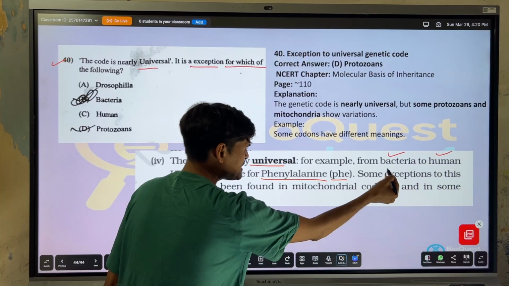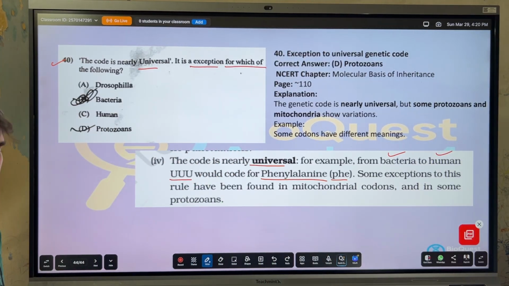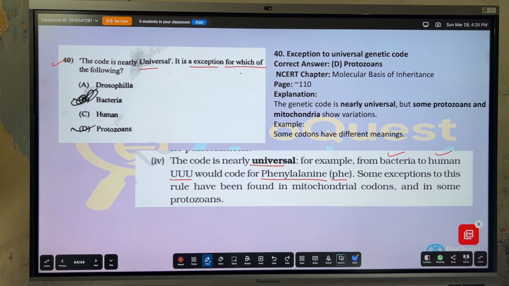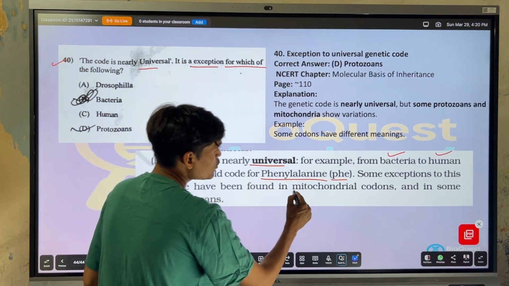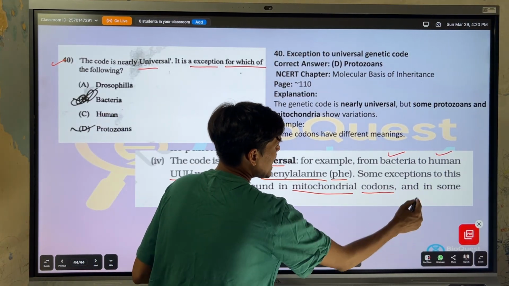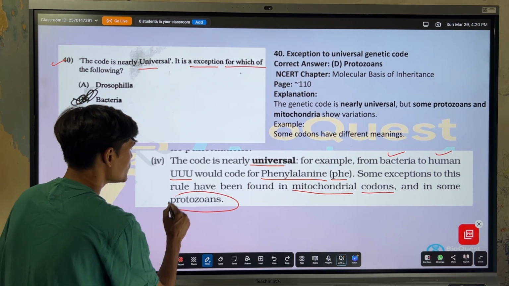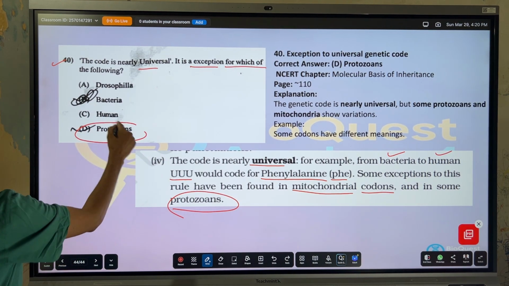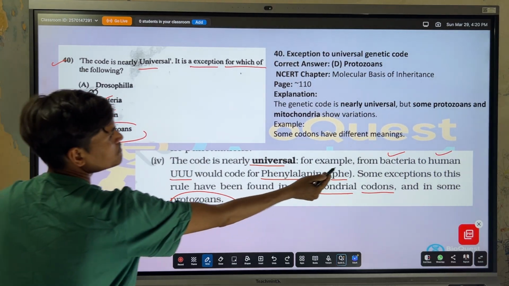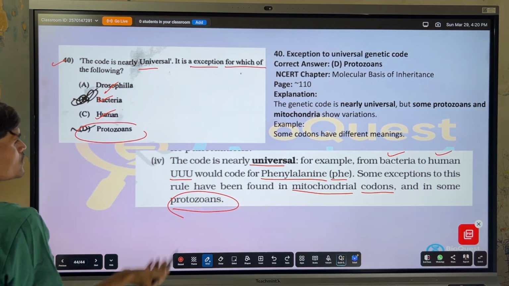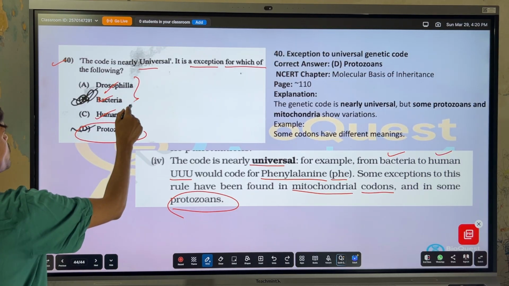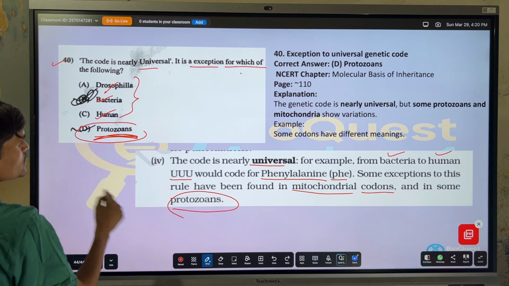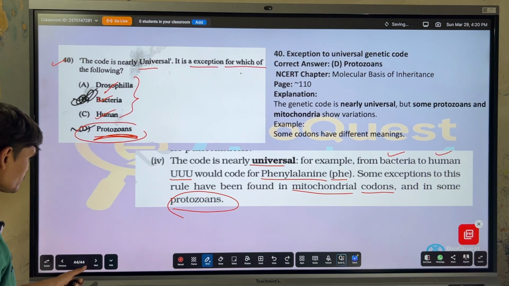Some exceptions to this rule have been found in mitochondrial codons and in some protozoans. In human and bacteria it is the same, and Drosophila is also among them. So protozoans is your answer.